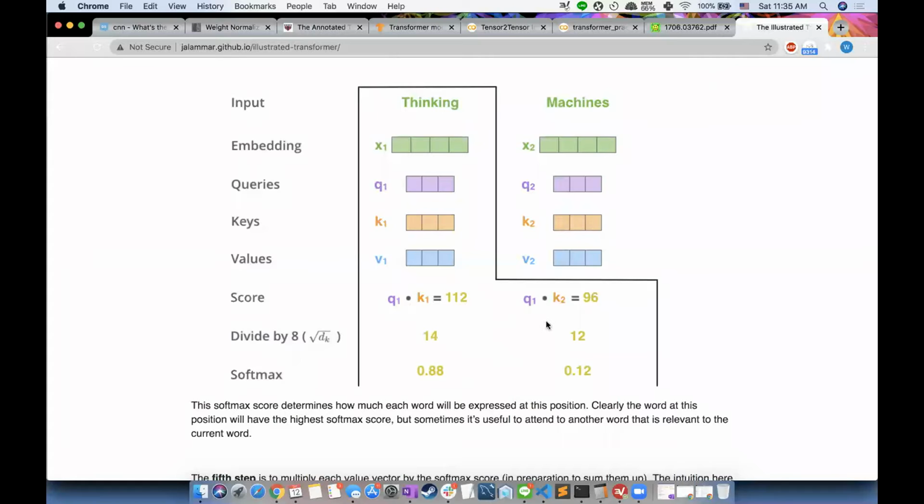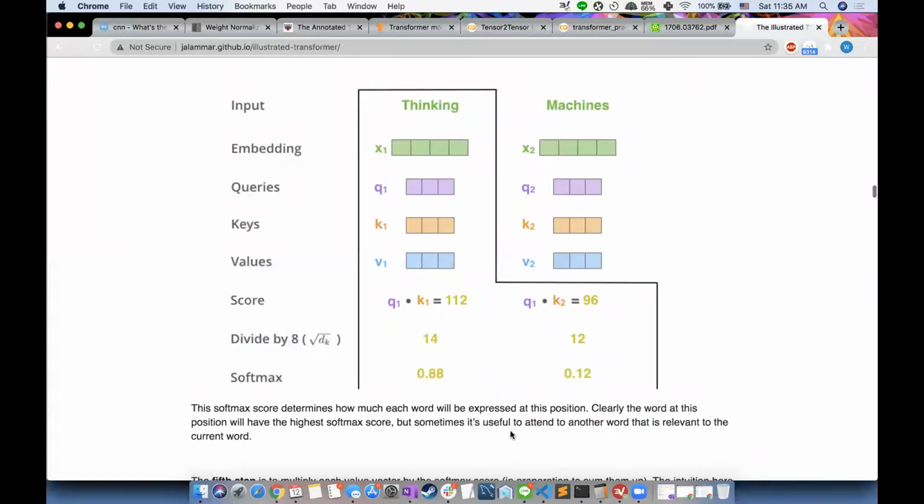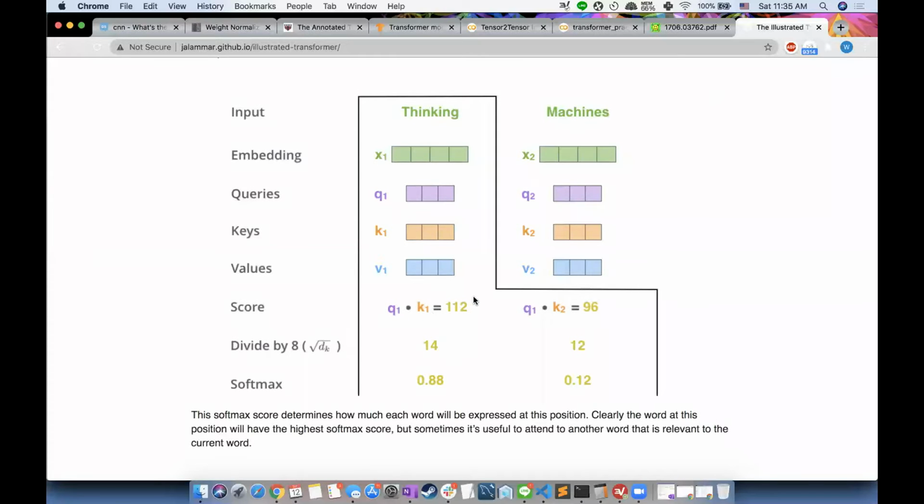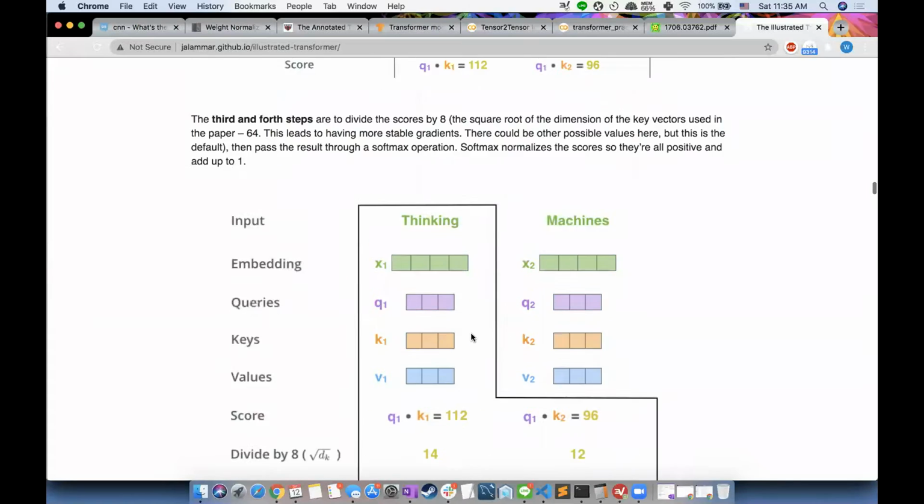And if they're not very much similar to each other, they're going to have a very low softmax probability. And we use dot products in many other algorithms, such as word2vec, to see how similar two vectors are to each other. Cool, thank you. Sure.